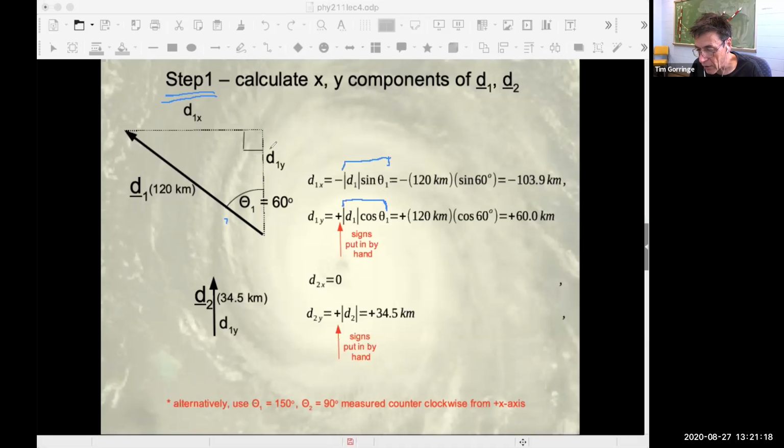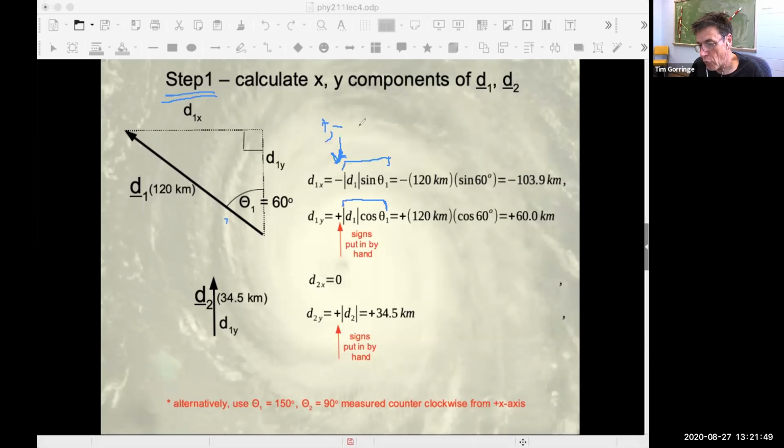But there's something else I had to be careful of. It's the plus and minus signs. When I look at my drawing, I've just figured out the size of the opposite and the size of the adjacent. But I want the x and y components.